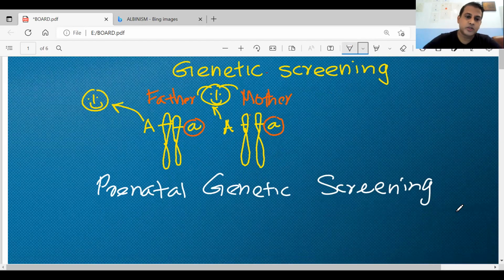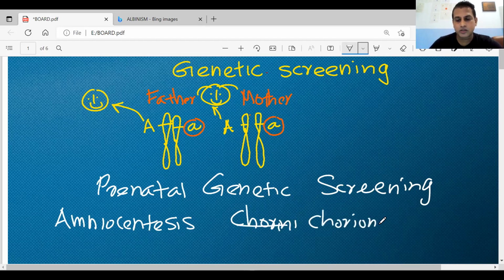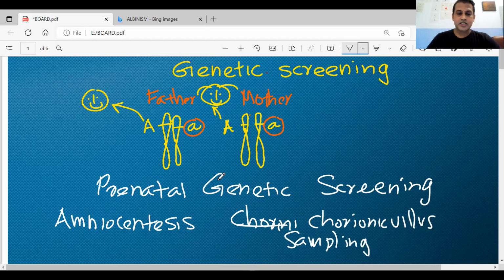So there are two types of genetic tests. One is amniocentesis. The other one is chorionic villus sampling. Usually the chorionic villus sampling is the first one.